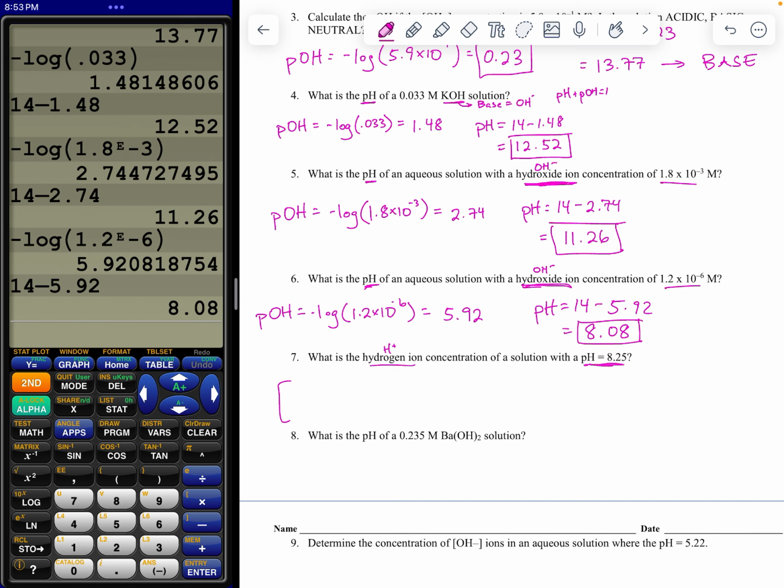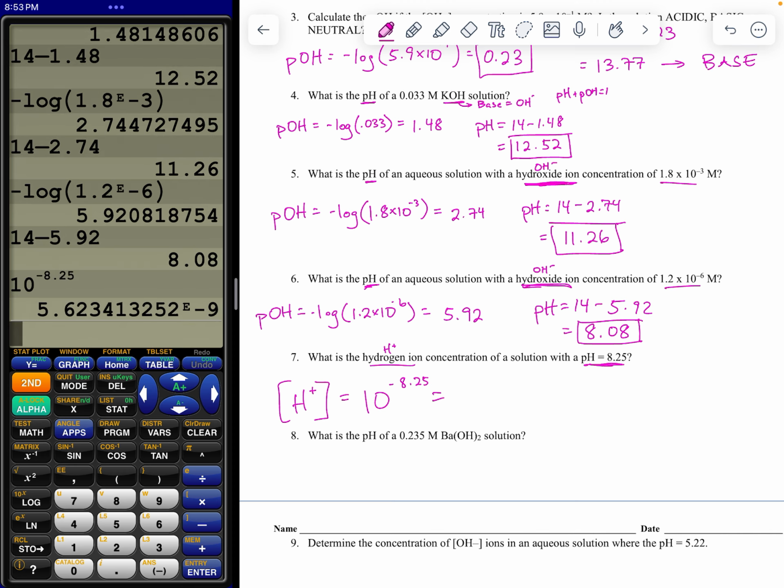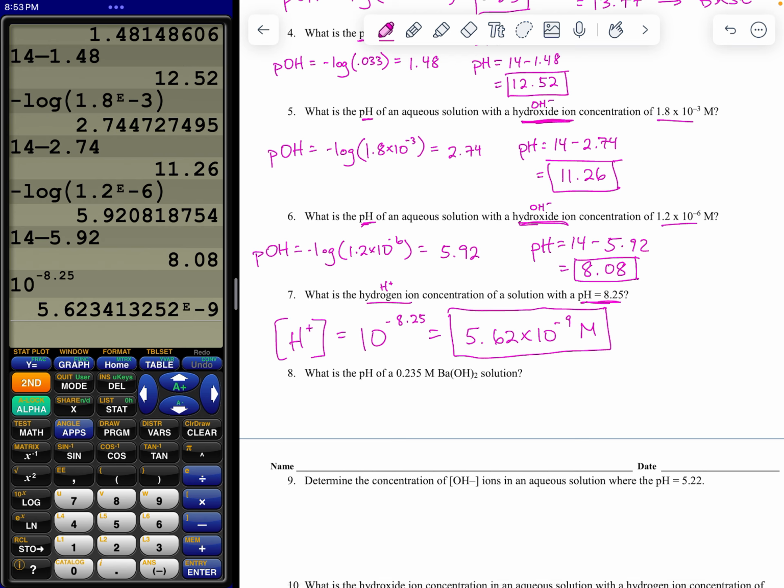So in order to find the H plus concentration, you take 10 to the negative pH value, which is negative 8.25. 10 to the negative 8.25 is going to give us a concentration of 5.62 times 10 to the negative 9th, and concentration is molarity.